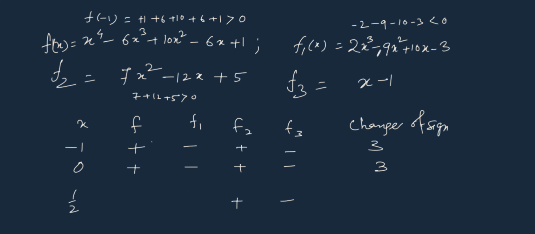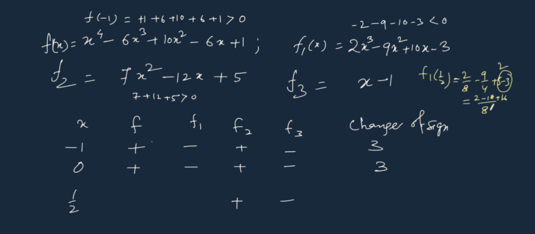And at half f1 will be 2 by 8 minus 9 by 4 plus 5 minus 3. So if we calculate this, what we'll get? 2, negative 18 and then positive 16.